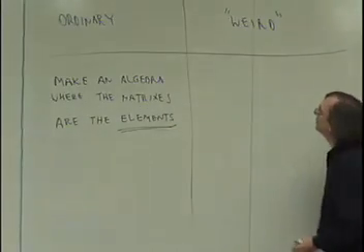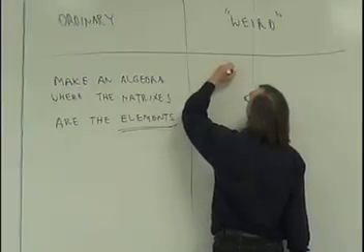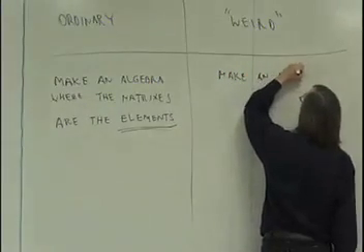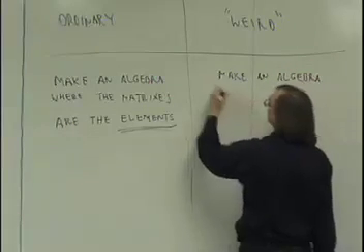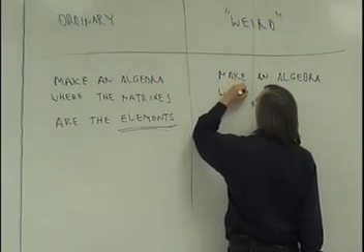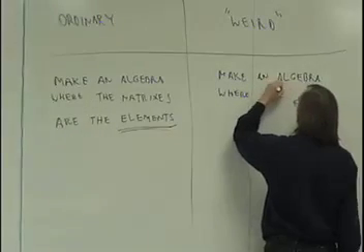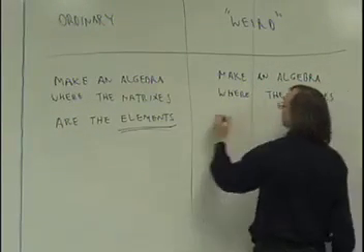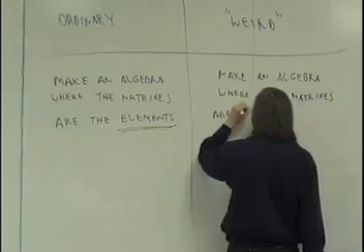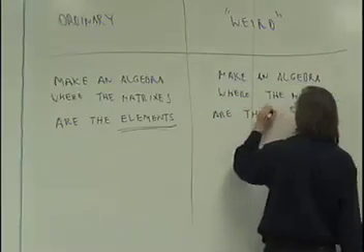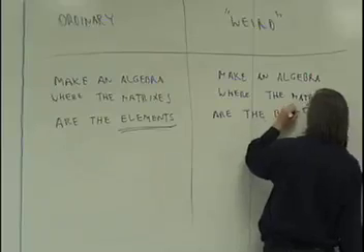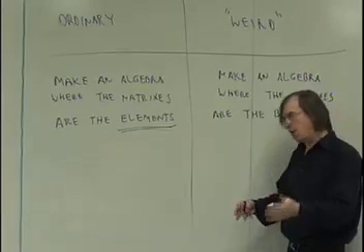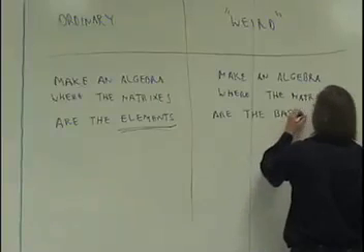Whereas with these weird matrices, what we do is we make an algebra where the matrices are the basis elements of the algebra. And that's a very different thing when you think about it. An algebra is a particular vector space, so that vector space can have a basis. And that's what we're doing here.